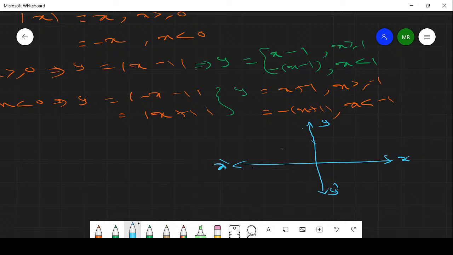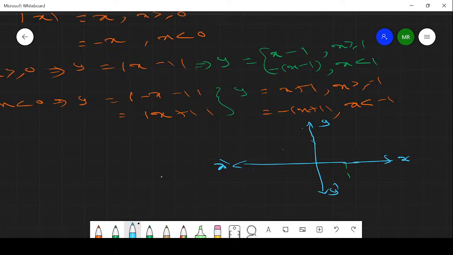So we have the graph y equal x minus 1, x greater than or equal to 1. You see in the graph, x value 1 or more than 1. So take this point 1. When x is 1 or more than 1, the function is y equal x minus 1. So you will get the graph y equal x minus 1 like this, extended, and it will go above like this.